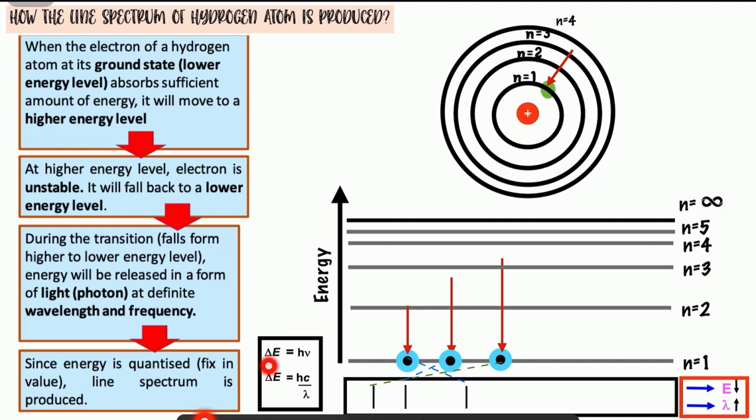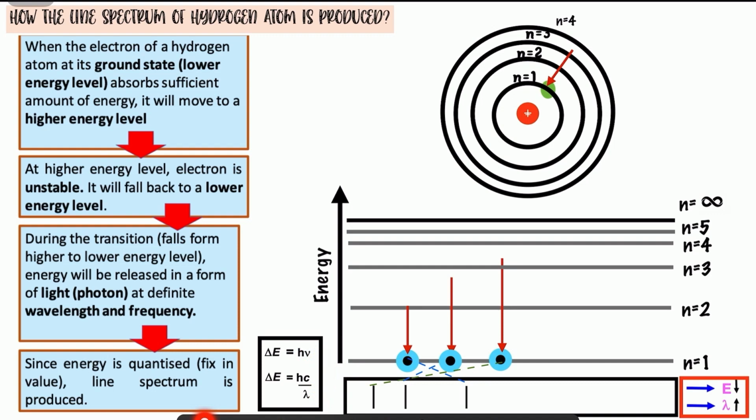This energy change is equal to h nu. Nu is the frequency. So if the energy difference is larger, the frequency will be larger. The frequency nu is also equivalent to c over lambda.